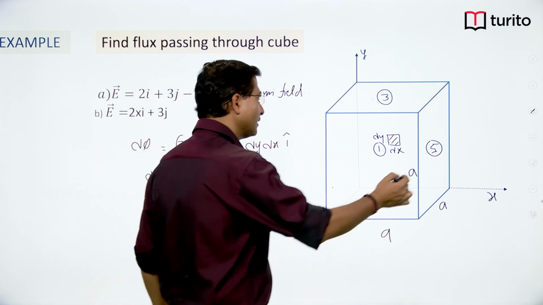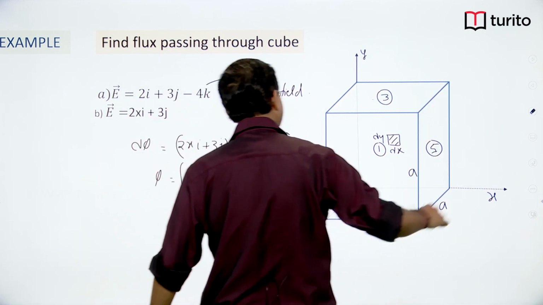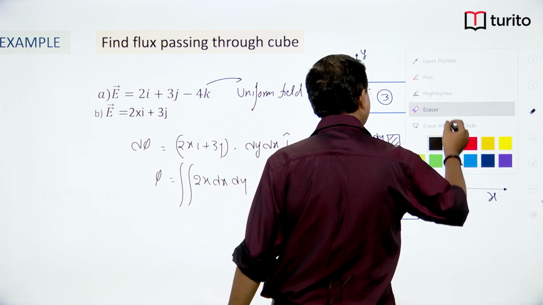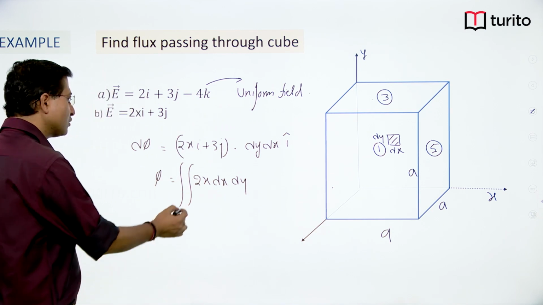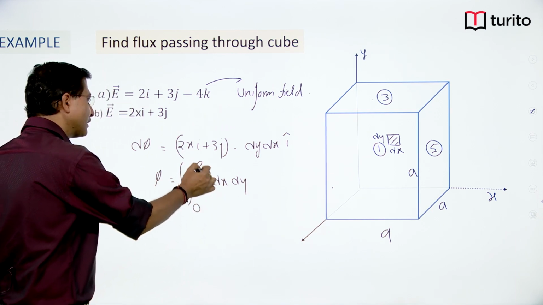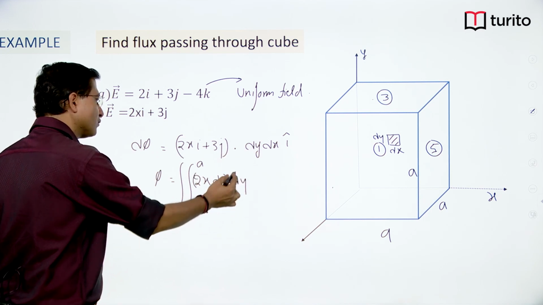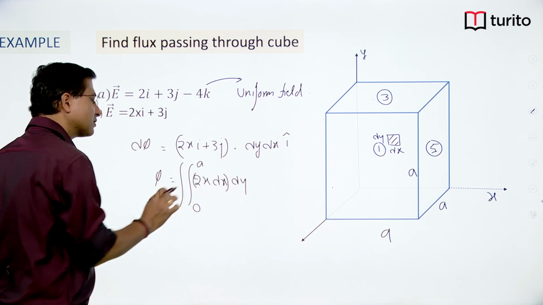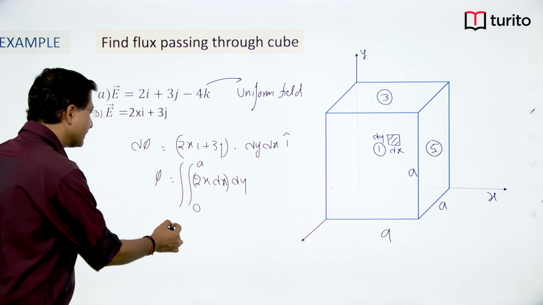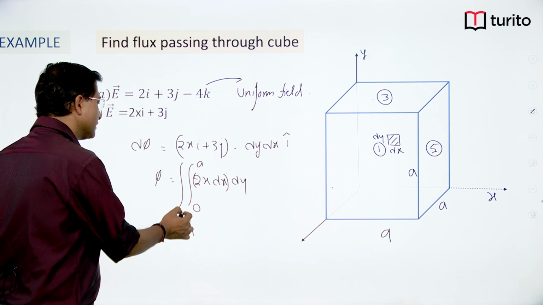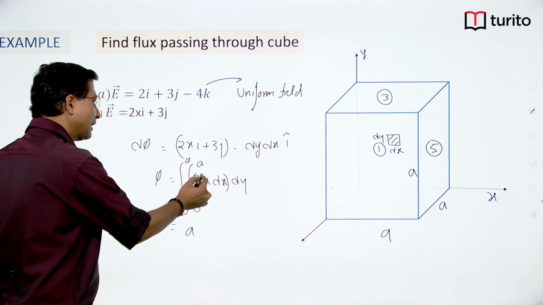So, here after double integration I will get phi, right, and the limits for y are 0 to A. Let us first integrate y. When I integrate dy, the integration is y, upper limit minus lower limit, that will give you A. So, A I can take out, and then from 0 to A I need to integrate 2x, this will become x square by 2.